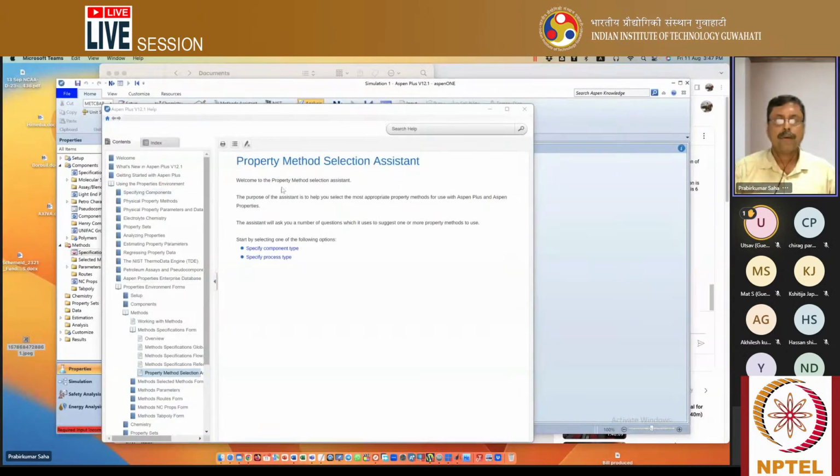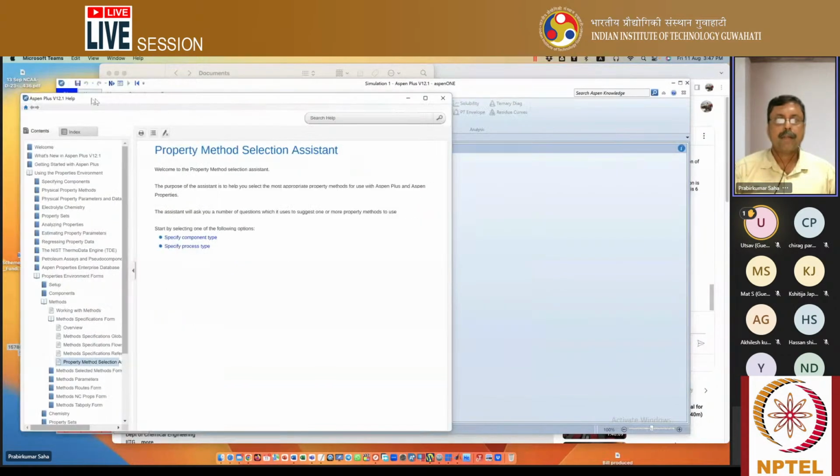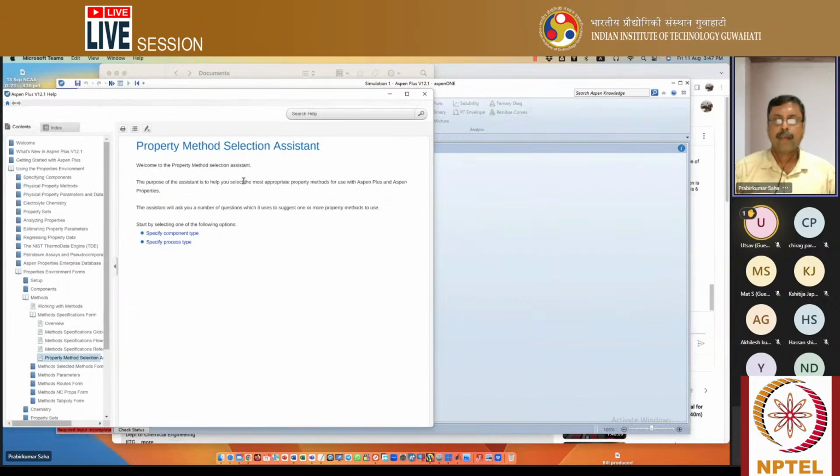Okay, so you can see the method assistant is there. It says there are 2 things: specify component, specify process type. So either of them you can choose.